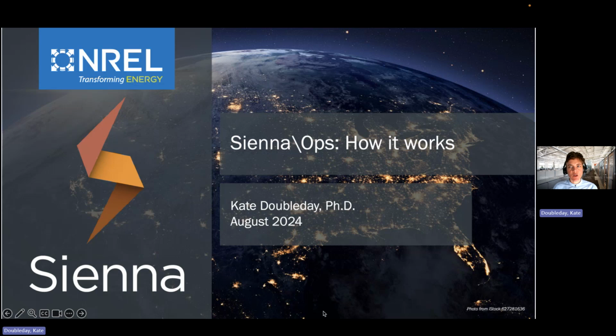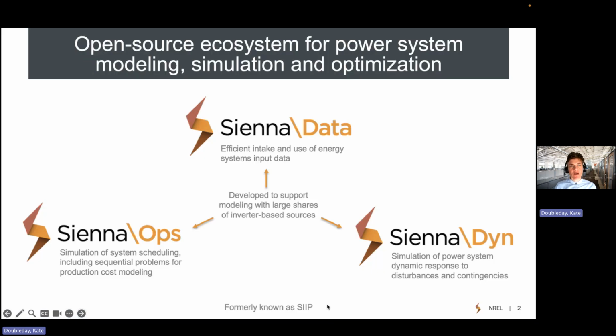So Sienna is an open source ecosystem for power system modeling, simulation, and optimization with three main applications. Sienna Data for inputting and transforming energy systems input data. Sienna Ops for system scheduling simulations. This includes formulating and solving optimization problems like unit commitment, economic dispatch, and optimal power flow.